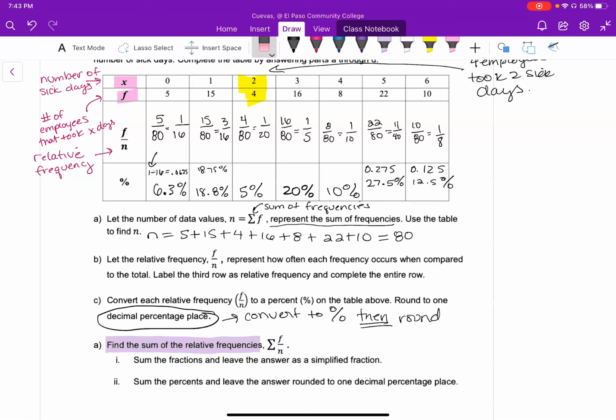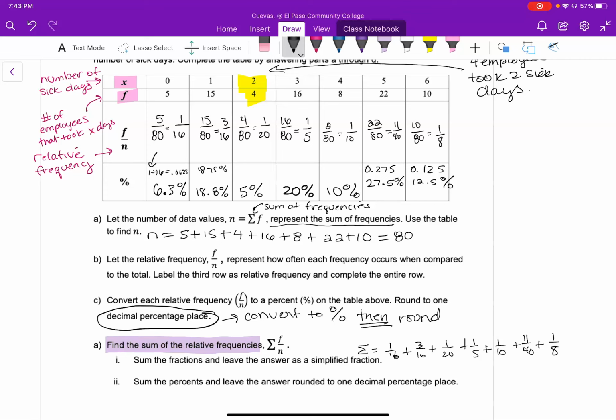Part 1, sum the fractions and leave the answers as a simplified fraction. So your job is to sum 1/16 plus, and this is the same question for part 2.